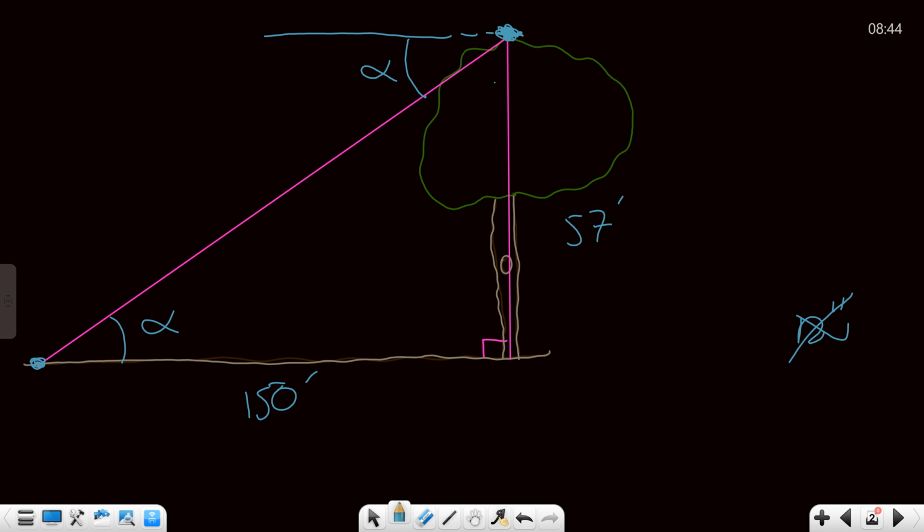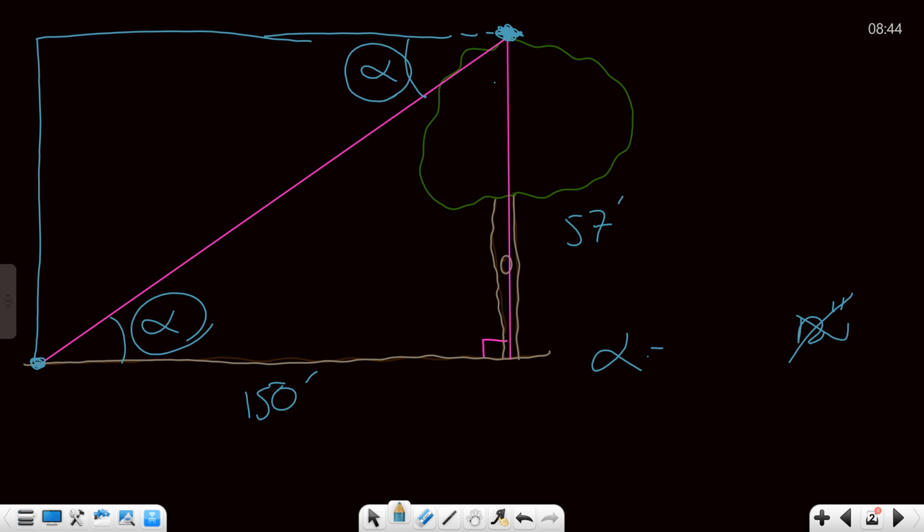You just happen to know that tree is 57 feet tall. I don't know how you would know that, but the question is, what's the angle of depression from the bird to you laying in the grass? Okay. You could set up this triangle and solve that one, or just solve this one, realizing that this angle and that angle are the same. So go ahead, solve that. Tell me what alpha is.